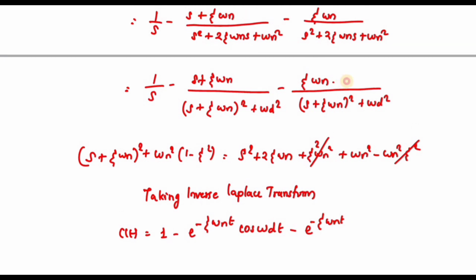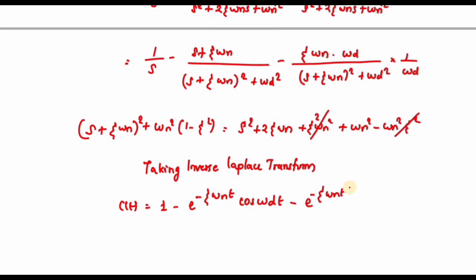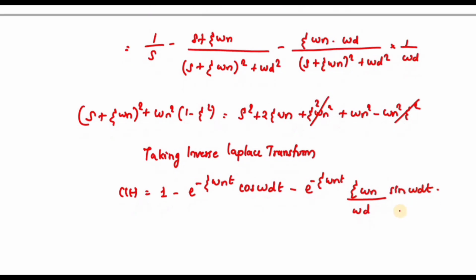So I get e power minus damping factor into omega n t into damping factor into omega n divided by omega d into sine omega d t.